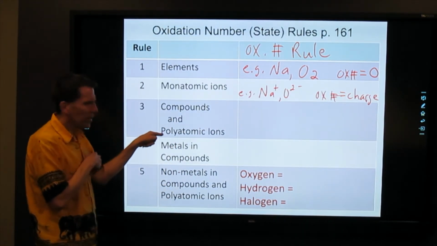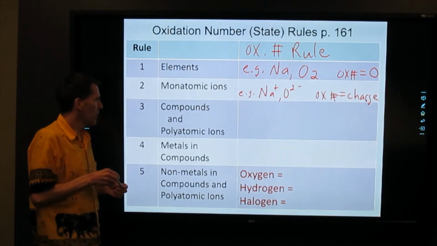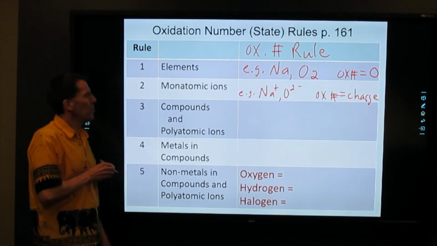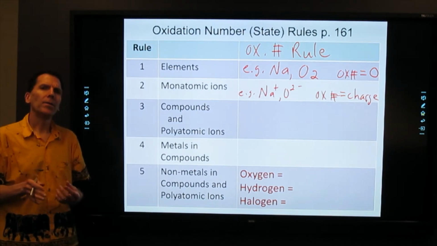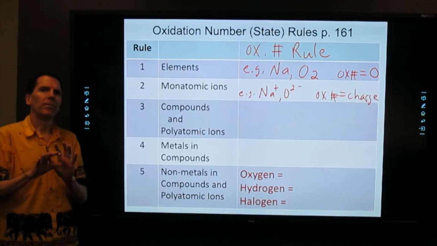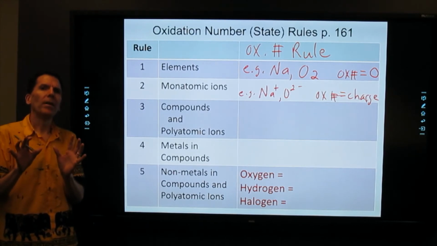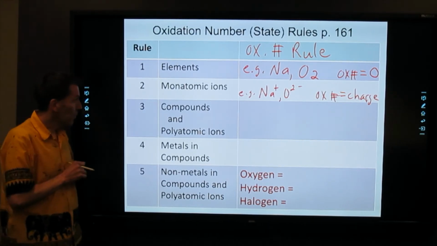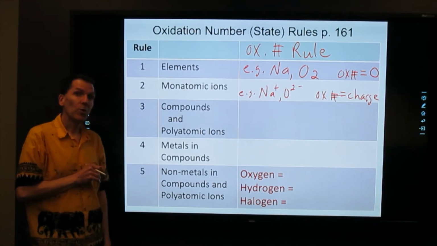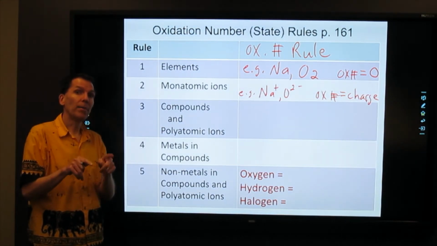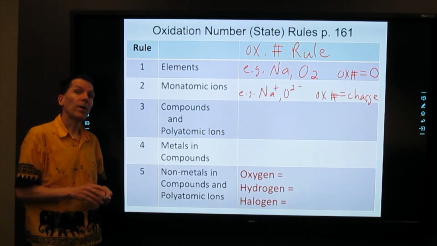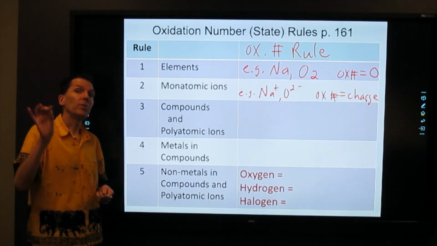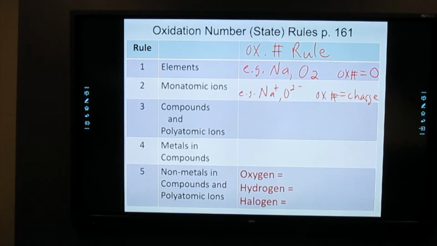When we get into polyatomics, we'll have to put a little tiny twist in there. So when you deal with compounds, remember a compound is a neutral mixture of different ions or elements. And so when you have a compound, it's neutral, so all the oxidation numbers will add up to 0. When you have a polyatomic ion, all the oxidation numbers add up to the charge on the polyatomic ion.